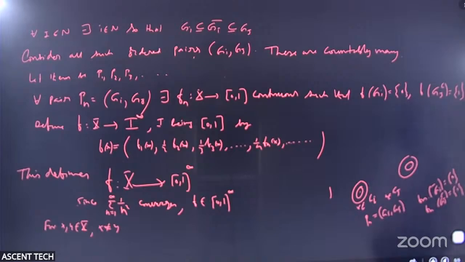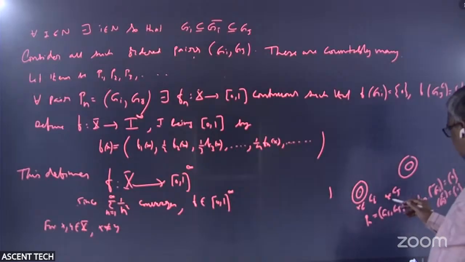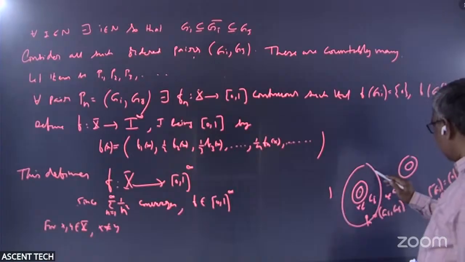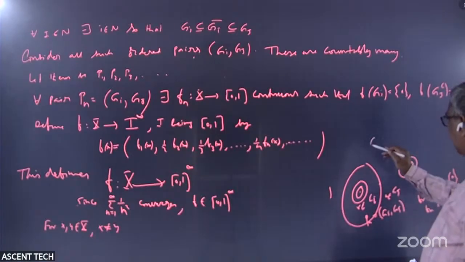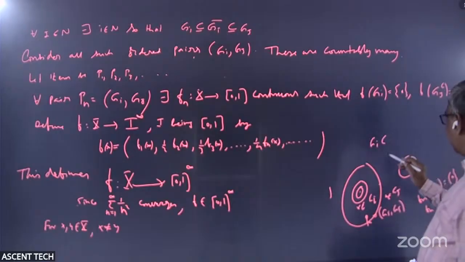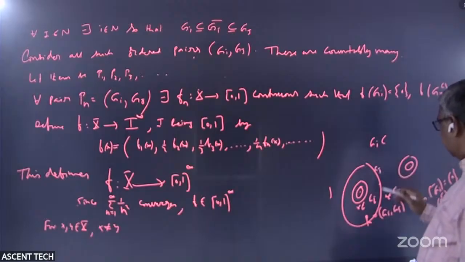I can squeeze in between these two another open set, so that Gj complement contains that point.